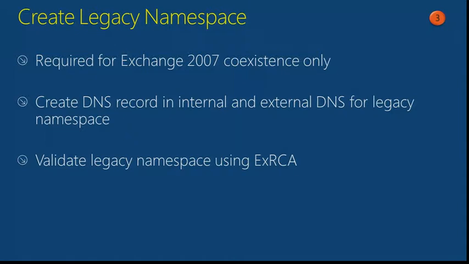You'll have upgraded at that point, and you won't need the legacy namespace. But if you can't bang it out at night, or you can't get it done over a weekend, if there's going to be a period of coexistence where there will be 2007 mailbox users side by side with 2013 users, you will have to have the legacy namespace, and it will have to be in play. So you create the records in both internal and external DNS. Of course, we still want you to use split DNS for everything related to Exchange. And then you'll validate that again using EXRCA. Very, very simple stuff.